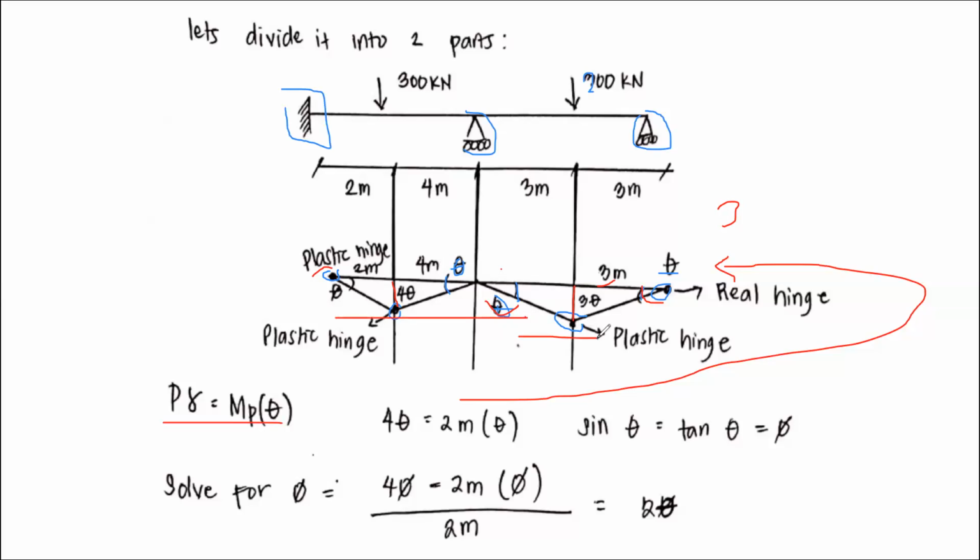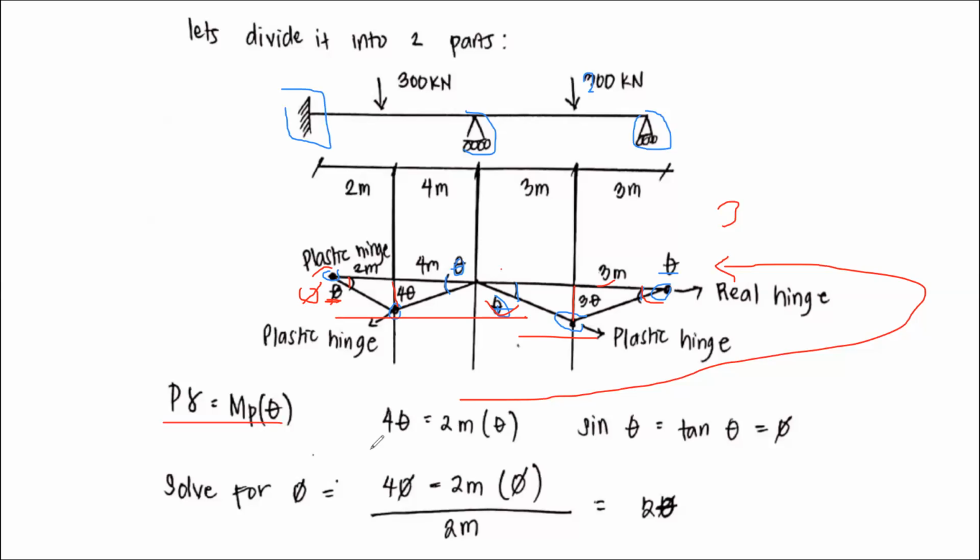Itong part na to at saka part na to is not equal. Since symmetrical itong dalawang to, hindi sila equal, since yung theta na to at tong angle na to is not equal. So, suppose natin na isa tong phi. Yan, phi. Itong part na to, phi.